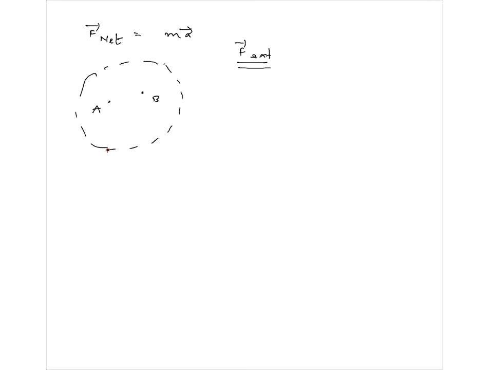To understand that, consider two particles having masses m and m. Just keep them isolated from anybody else.